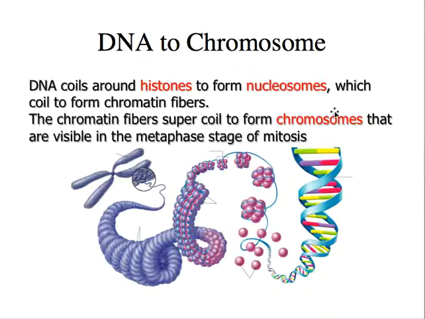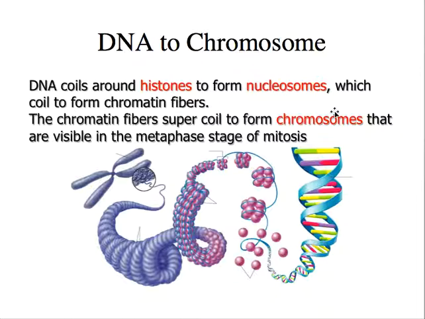Well, remember, chromatin is how our DNA hangs out during interphase. And then when it goes to prophase and metaphase, our chromatin will coil up, tighten up, and smash up to form our chromosomes, which are visible at prophase and metaphase.